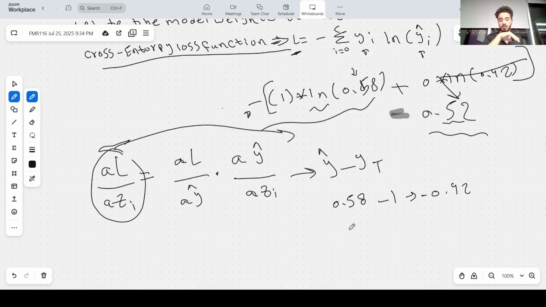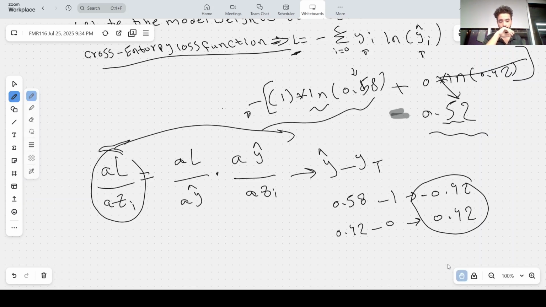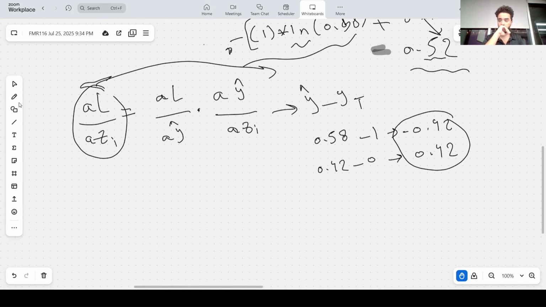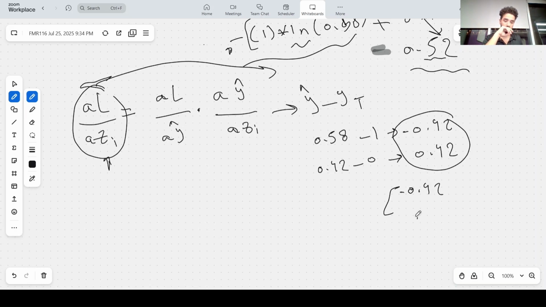And for the other one, it was 0.42 minus 0, which is 0.42. So this is our vector for minimizing the loss, negative 0.42 and 0.42.